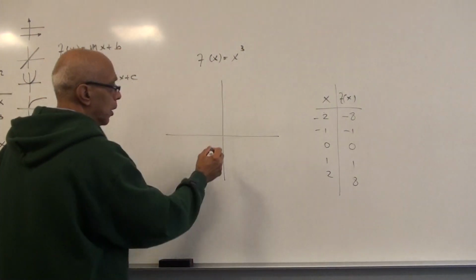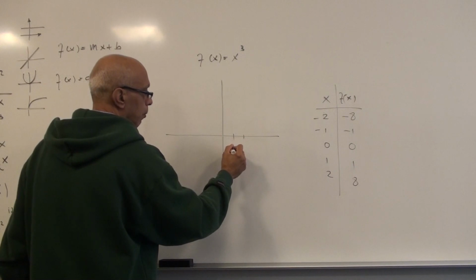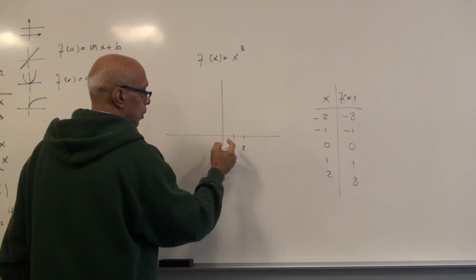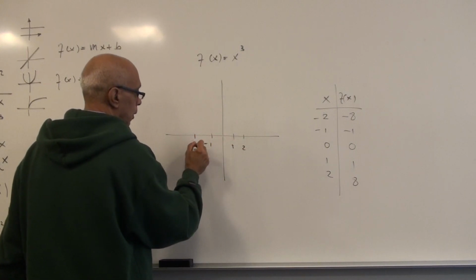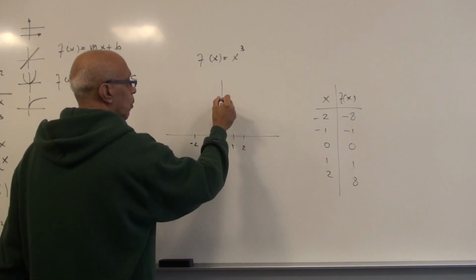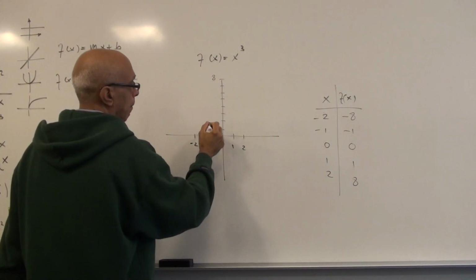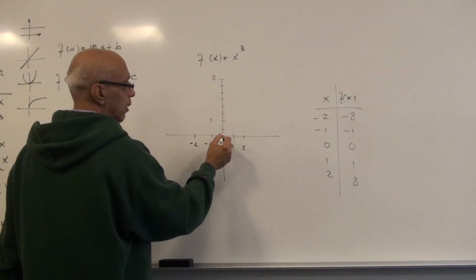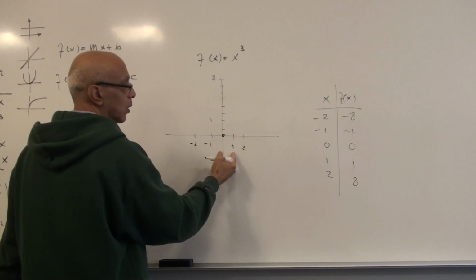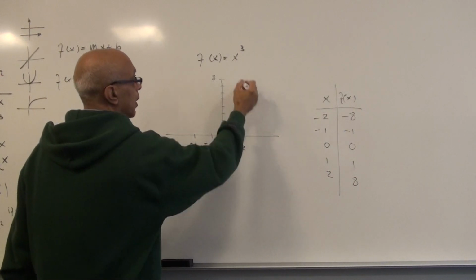So here again, let's see, 1, 2, +1, +2 here, and here -1, -2, and then 1, 2, 3, 4, 5, 6, 7, 8. So when it's 0 it's 0, when it's 1, it's going to be 1, and when it's 2, it's going to be 8.